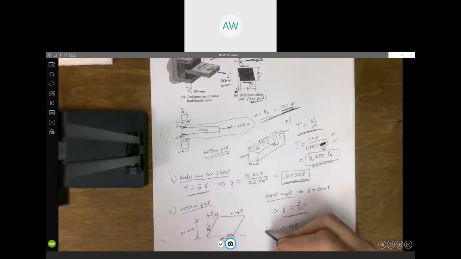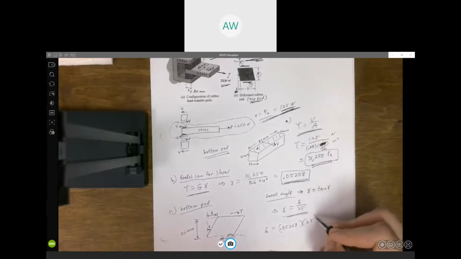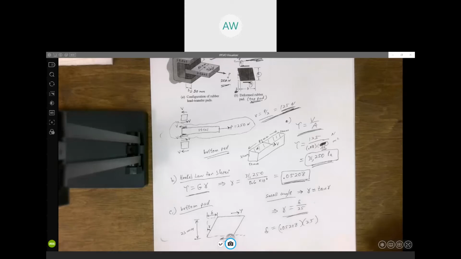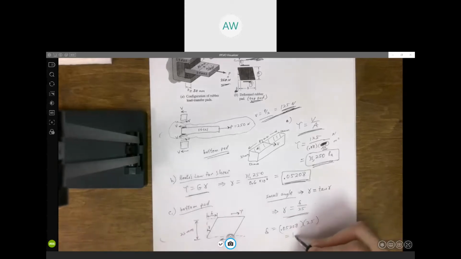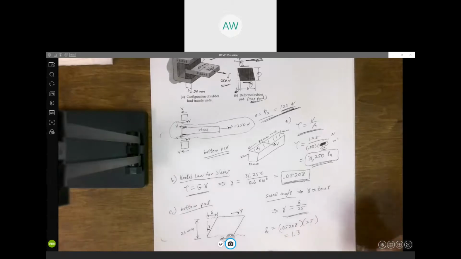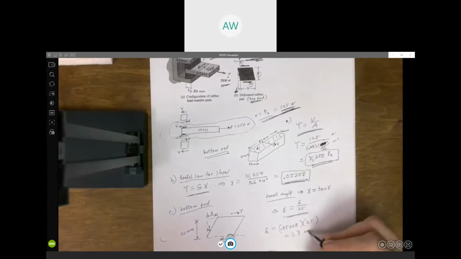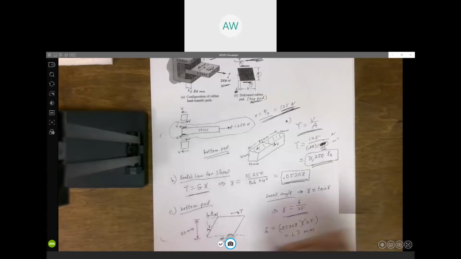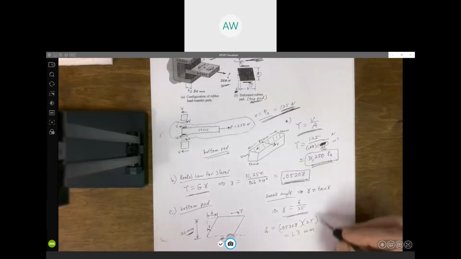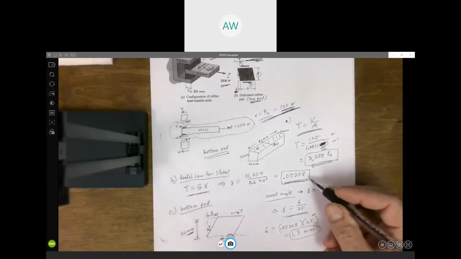Solving for delta here, we get that times 25, and I got 1.3. That's probably good enough. Millimeters, I guess these are millimeters. So whatever this is, that's millimeters, because again, the strain is dimensionless.